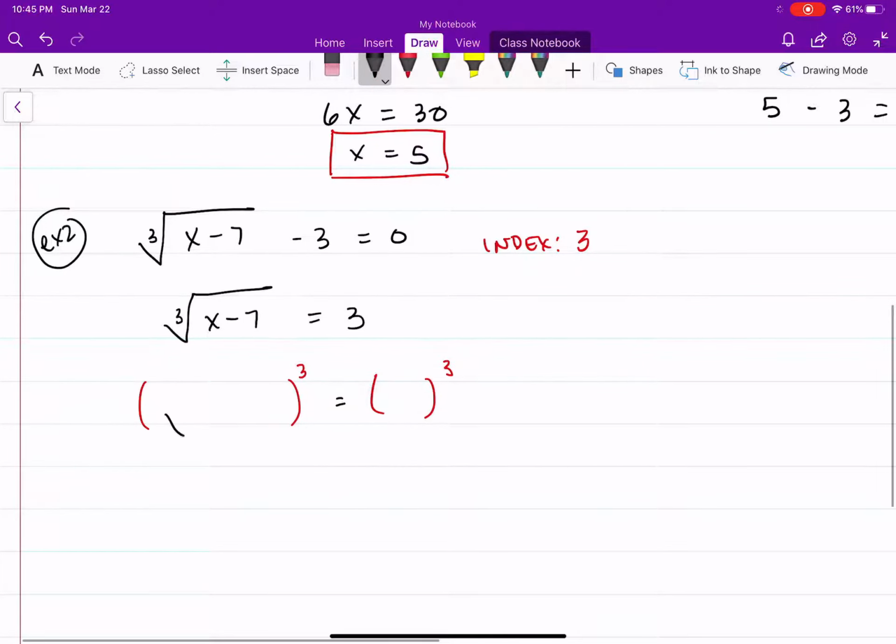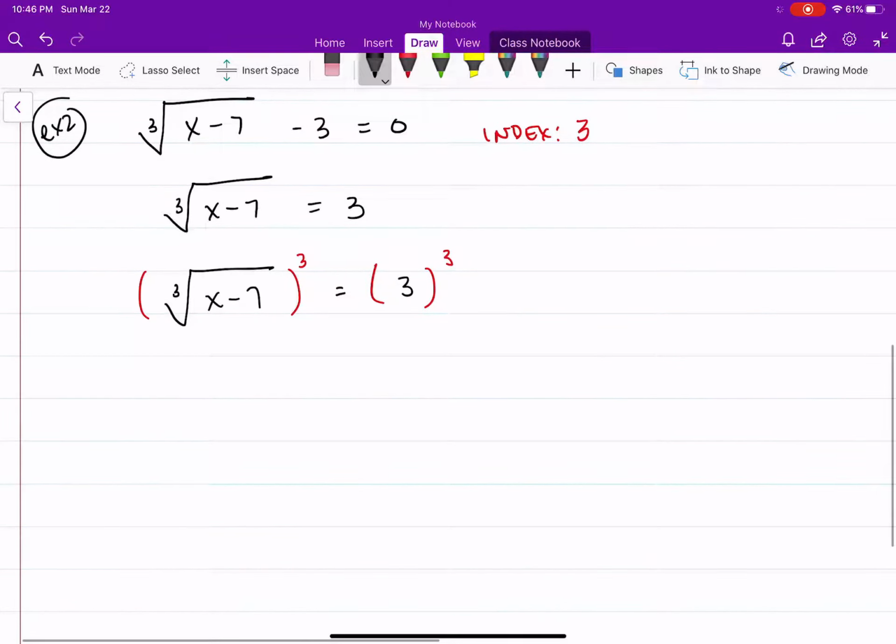Over here I have the cube root of x minus 7 and on this side a 3. When I raise the left side to the third power, the cube root to the third power just drops the radical, so I'm left with x minus 7. And the right side is 3 cubed. 3 times 3 times 3 is 27. So x is equal to, add the 7, 34.